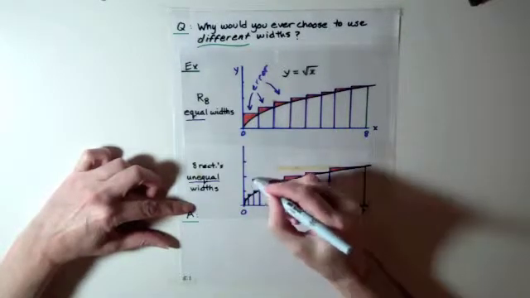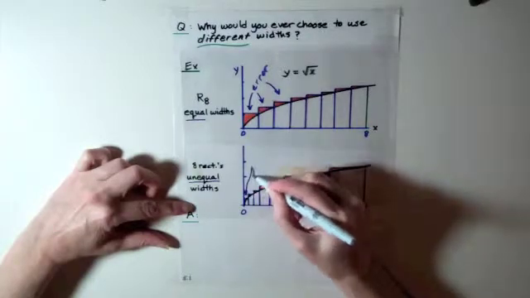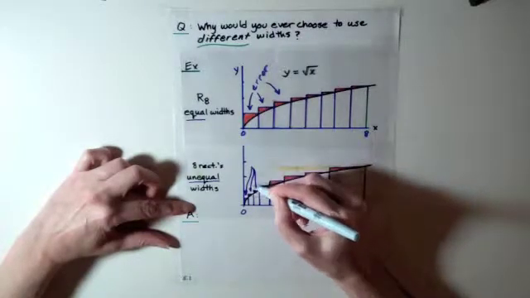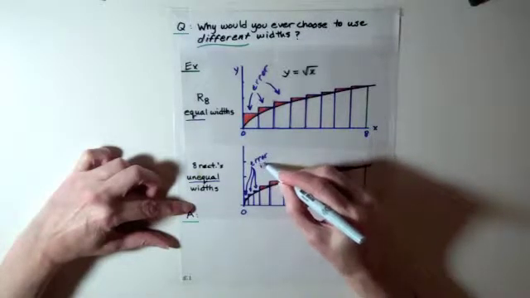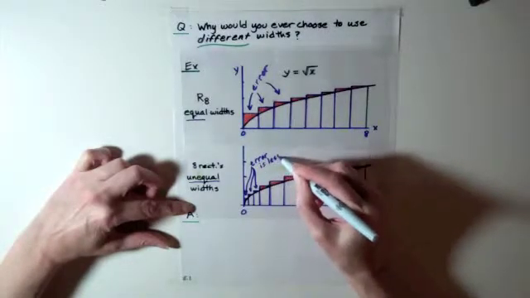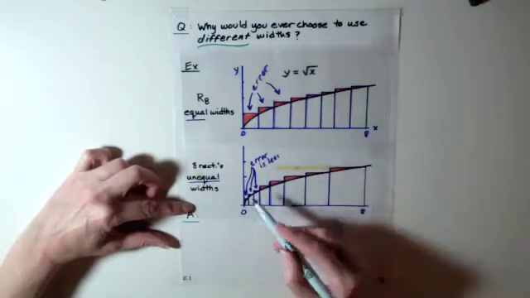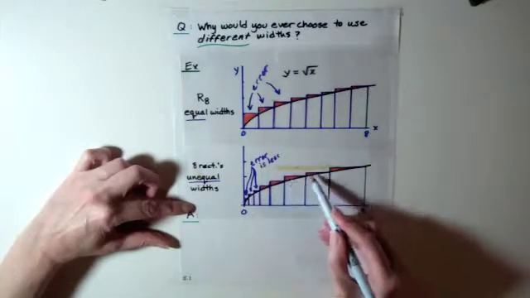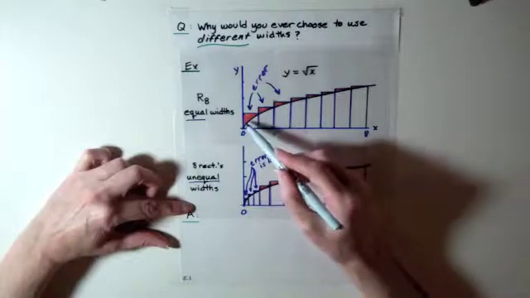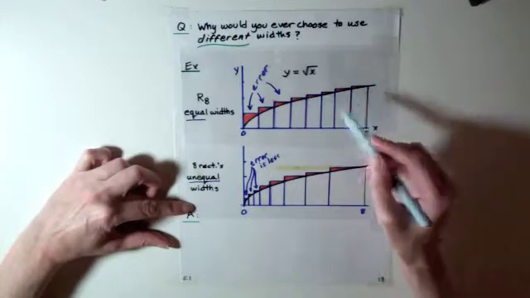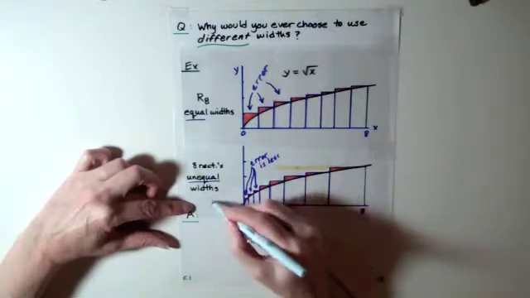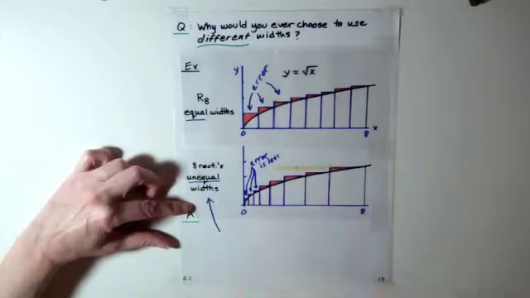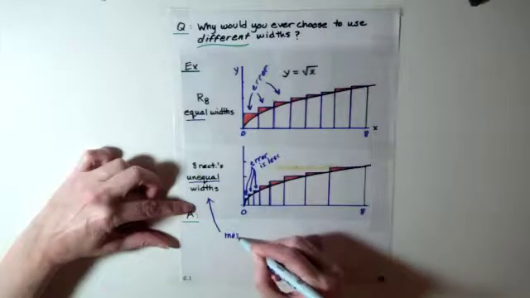And it turns out that if you add up the error in this case, for the picture that I have, the error is less for these 8 rectangles, so the sum of all these little red errors here would be less than the sum of all the little red errors when we used equal rectangles. So this is a case where we would say using unequal widths is more efficient.